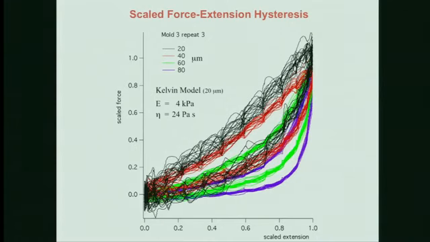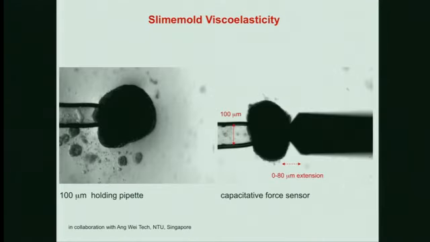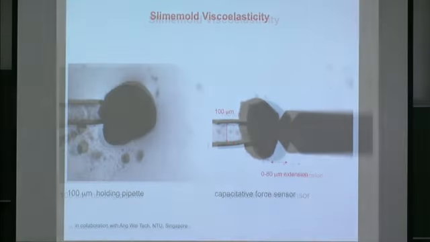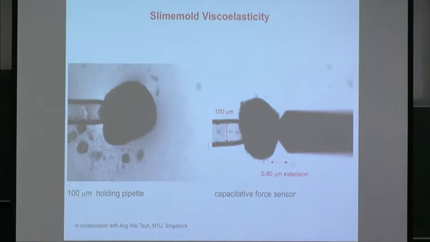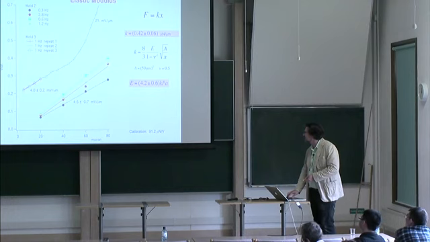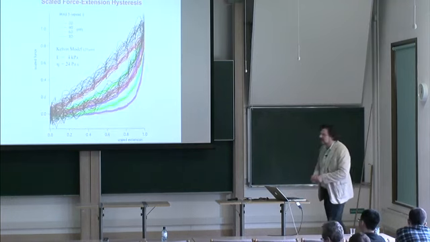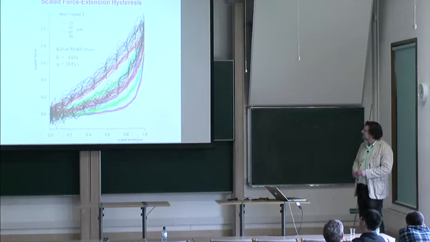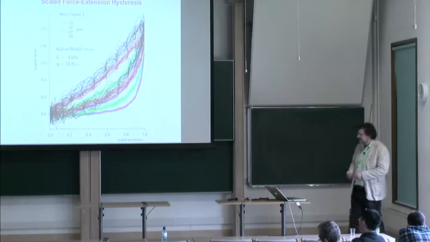You might call this strain hardening, but we haven't published this yet, because you need to worry: this thing is 100 micron, and if you punch 80 micron, you squash it to about half its size. So there are going to be geometric and surface tension effects. We currently do a finite element analysis to check what part of that might be strain hardening and what might be nonlinear effects, whether there was something left over.